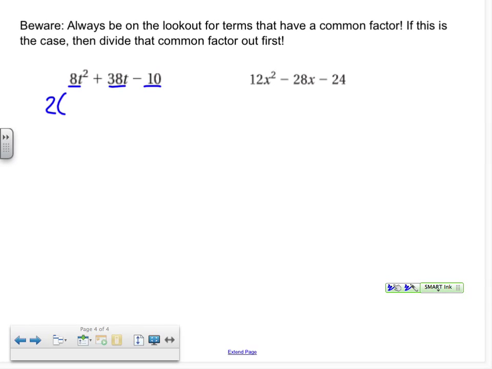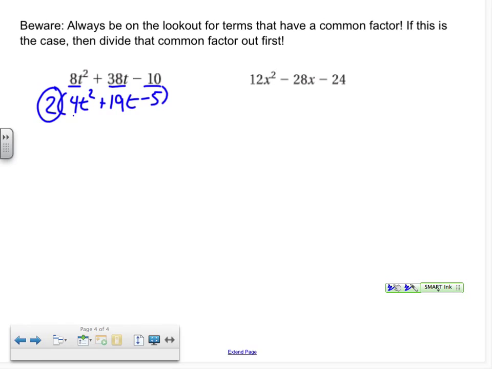Pull out 2 first. That leaves us with 4t squared plus 19t minus 5. And you do that because if you don't, that 2 is going to mess you up when you do your vertical factoring and your horizontal factoring, because it's going to appear in both of them, and your factors are going to be 2 times too big because the 2 appears twice.